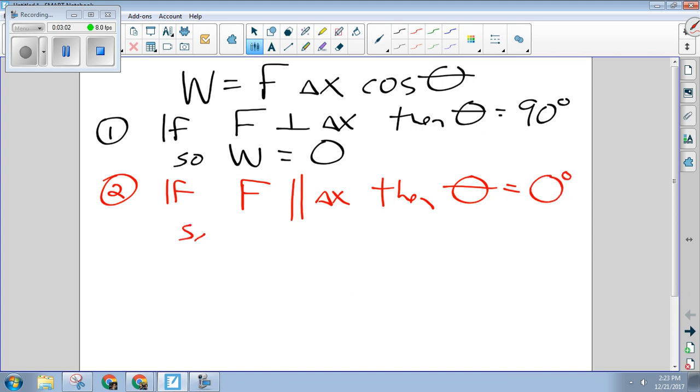So what's the cosine of 0, you guys? Cosine of 0 is not 0. Sine of 0 is 0. Cosine of 0 is 1, because it's right along the x-axis. So I'm going to have force times displacement times 1. If your force and your displacement are parallel, then your work is equal to force times displacement times 1. Everybody good with that?